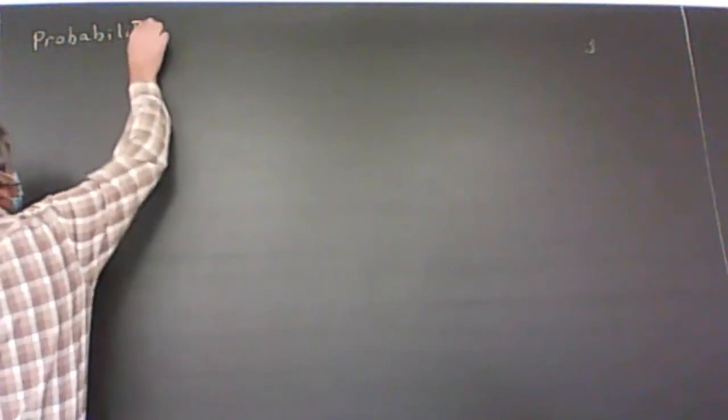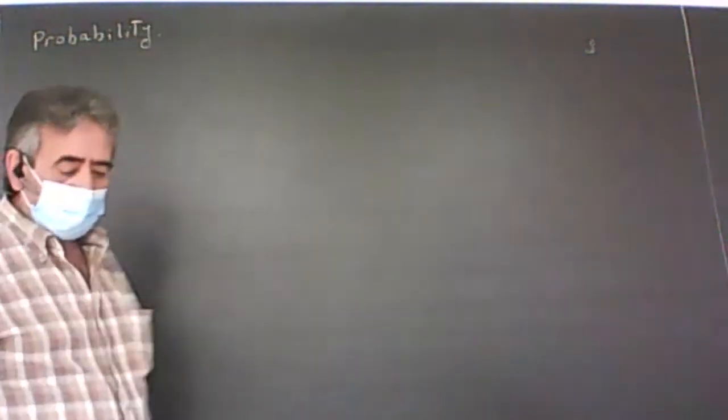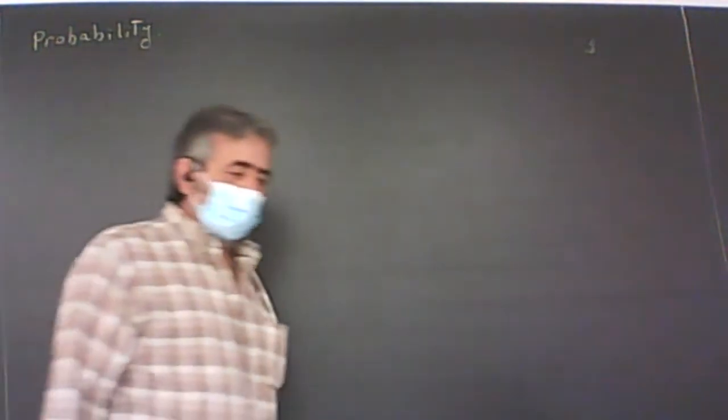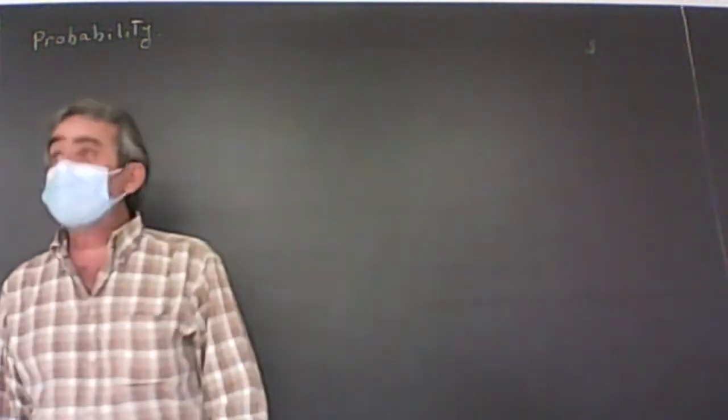All right. So let's go ahead and talk today about, or introduce today, what we mean by probability. Probability is basically the study of the outcomes of experiments that we do to predict something.